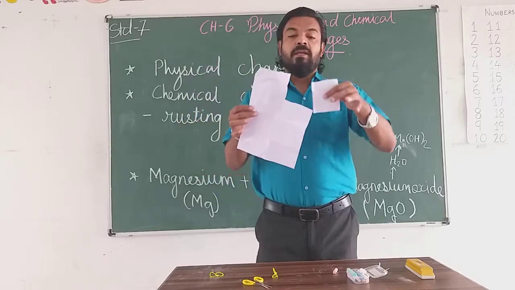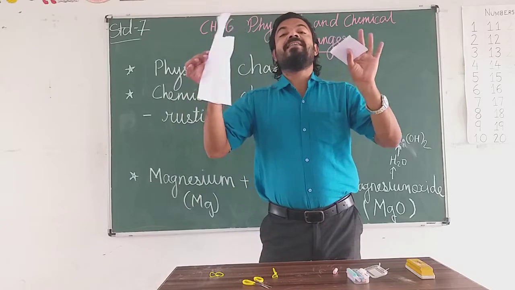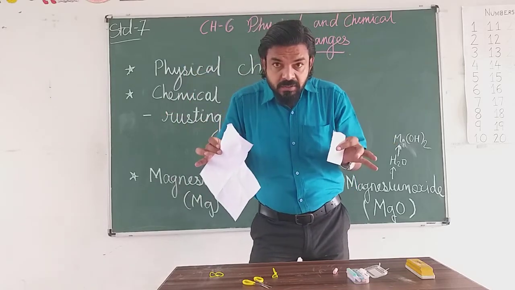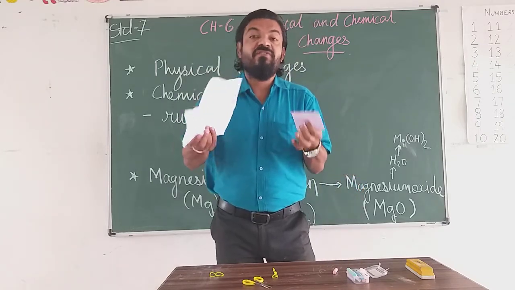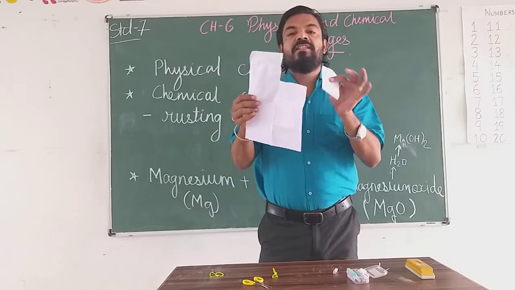Now what happened? This is a physical change because the size and shape of the paper is changed. But this change you cannot reverse. We cannot make the same paper.